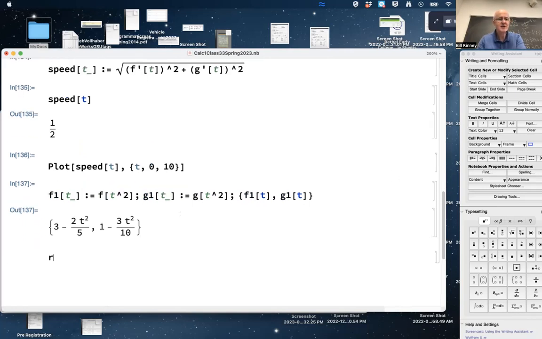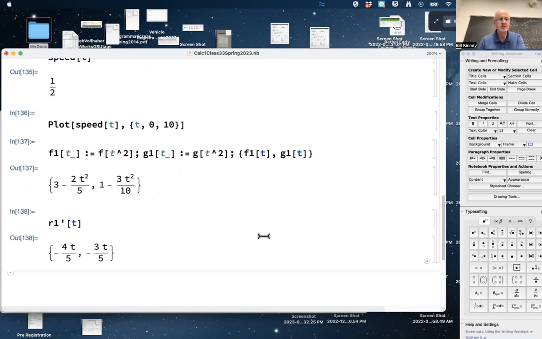And the velocity vector, which I've already typed in as R1, the position vector is R1, the velocity vector, the derivative is no longer constant. These are no longer linear functions, they're quadratic, and this is no longer a constant function. That's the velocity vector for this increasing speed motion.